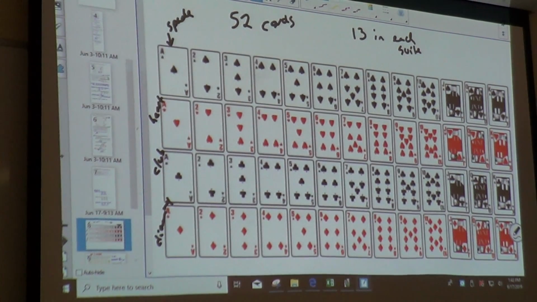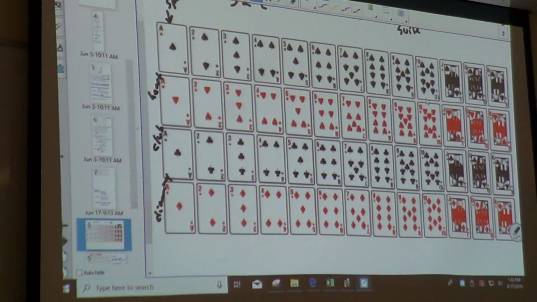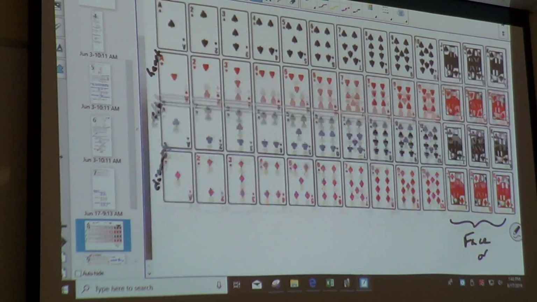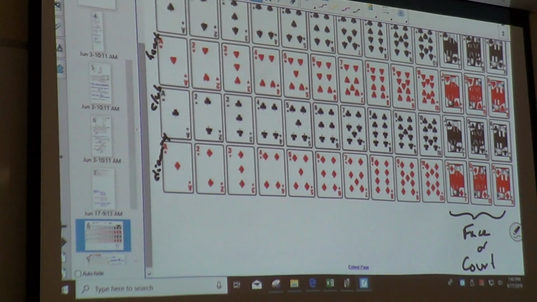Okay? The book, and I've never heard it called this before, the book calls these courts. These are called face cards or court cards. Because it was a jack, queen, king, those were the court, or I usually call them the face cards. So this is kind of what you need to know.